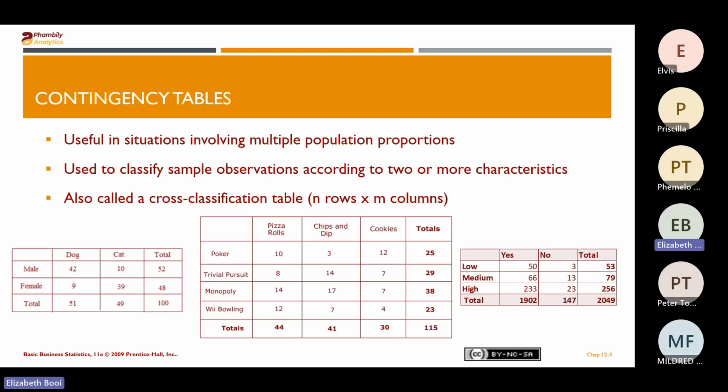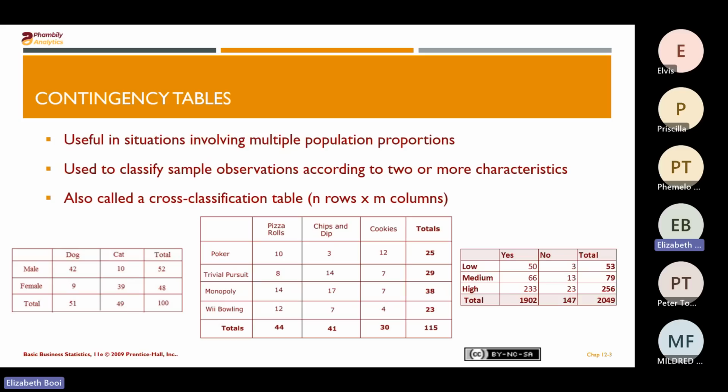Contingency tables are useful in situations involving two or multiple variables from the population.